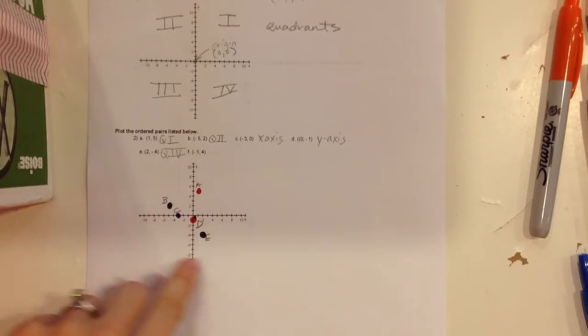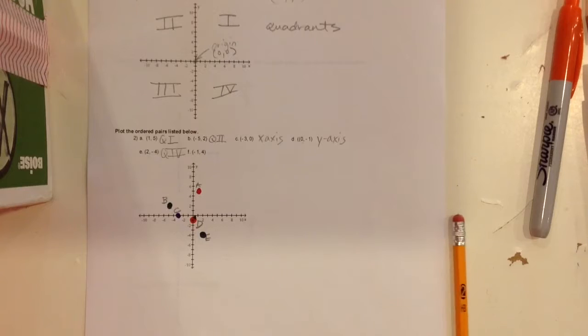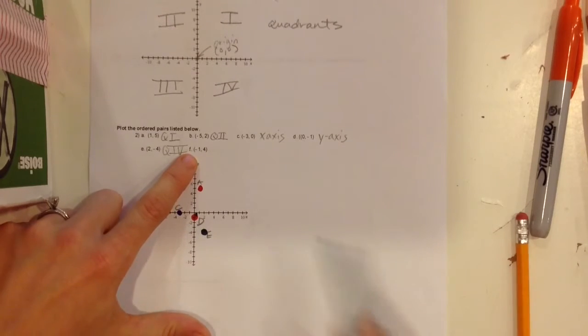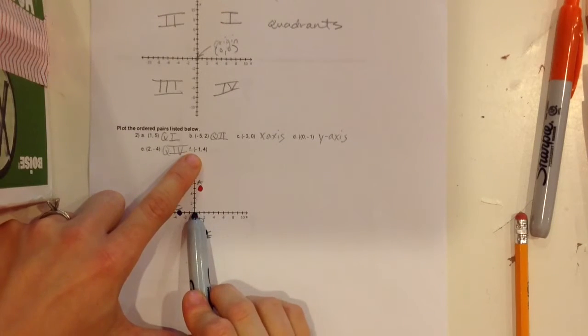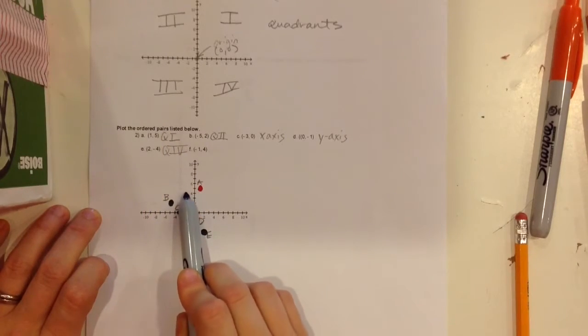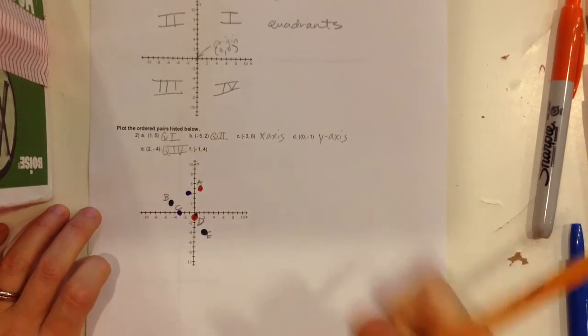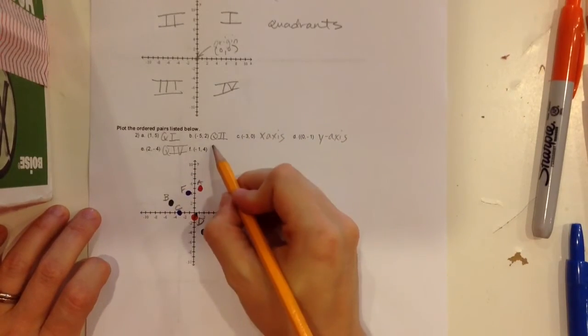It goes counterclockwise from that first quadrant. All right, and the last one is F. So I'm starting back at the origin. I'm going to go in the negative direction once, that's to the left one, and then up 4 units. So that's going to be in quadrant 2.